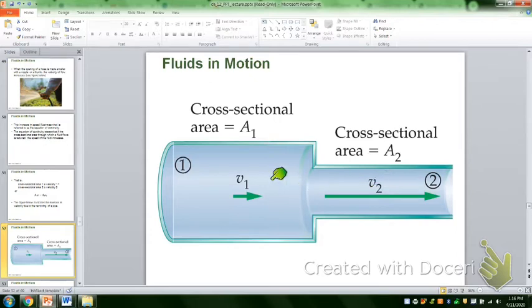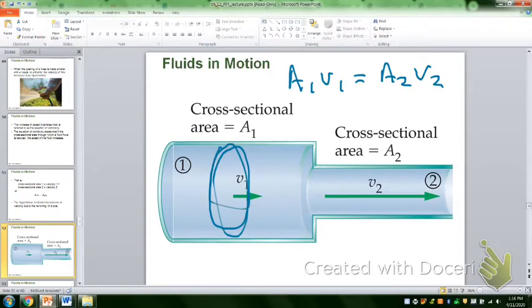So this one has a larger area, so in order for those two things to equal, clearly the speed on the left side is going to be smaller. So again, that formula was area 1 times velocity 1 is equal to area 2 times velocity 2. So this one clearly has a larger area than this one does. So in order for these to come out equal, this speed would have to be larger than this speed.